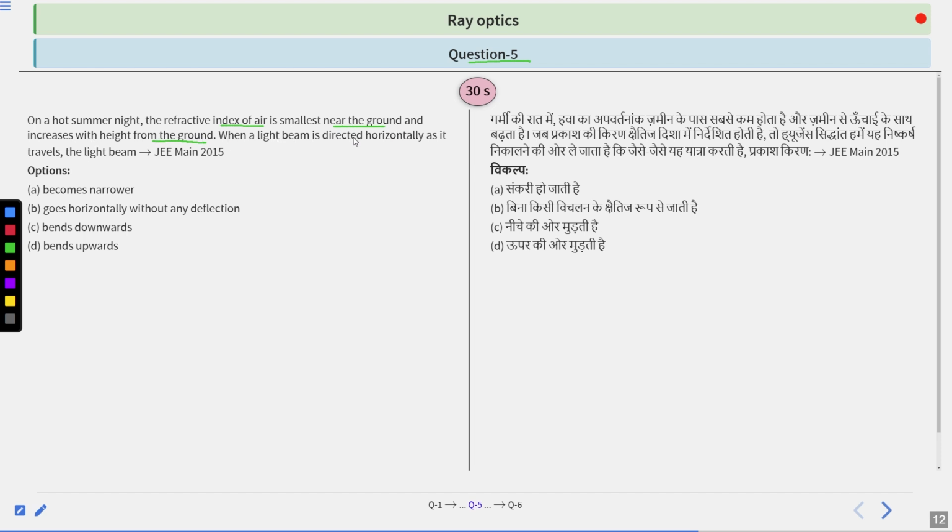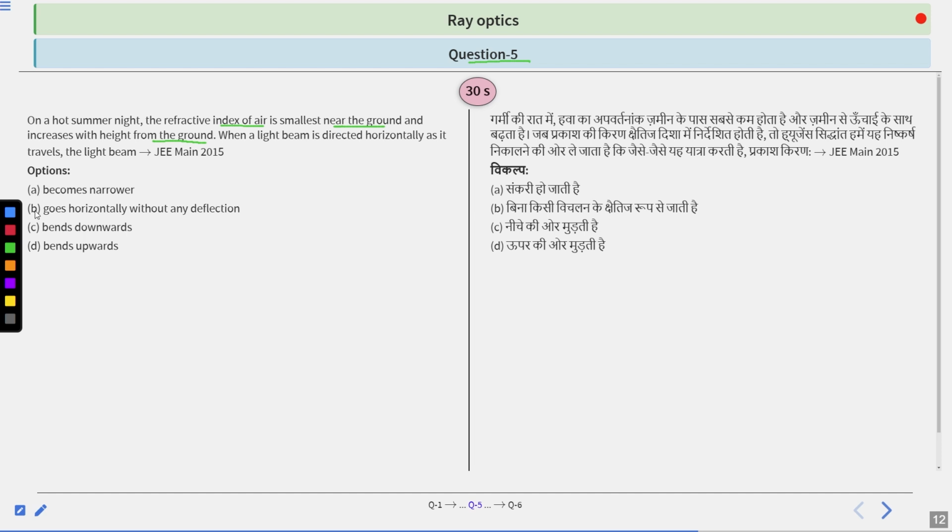When a light beam is directed horizontally, as it travels, the light beam is what? The question asks what will be the change when the beam directed horizontally travels.